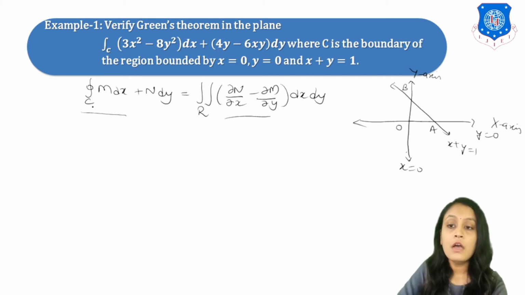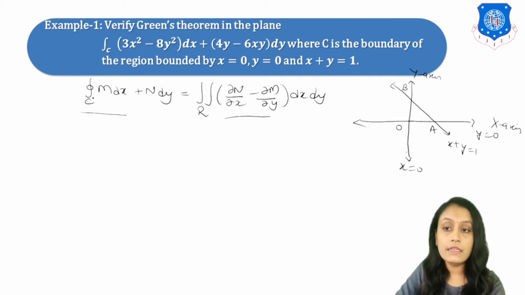Now we have to find the line integral over C of M dx plus N dy. So we will follow a path. We will find the integration over OA, then the integration over AB and then over BO, and then we will add them, so we will get the total integration.